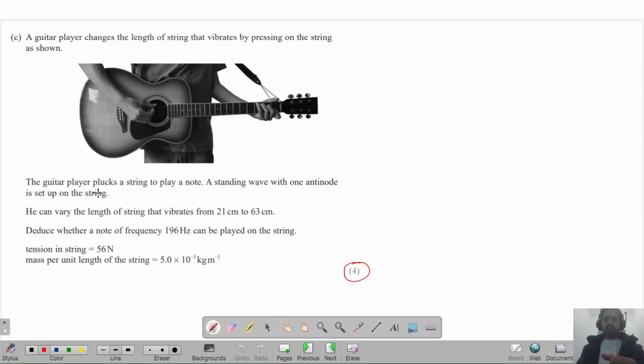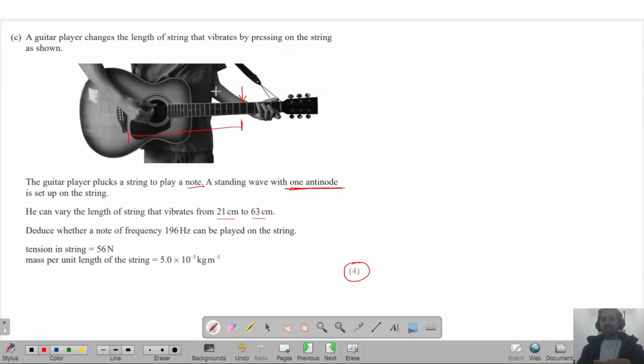So in this question, the guitar player plucks a string to play a note. A standing wave with one antinode is set up on the string. Now this is a key word, one antinode. This has specific meaning. They want you to think in a specific direction. I'll explain it in a moment. The question is, he can vary the length of string that vibrates from 21 centimeters to 63 centimeters, which means that he can press at different positions, and that's how he can change the length.